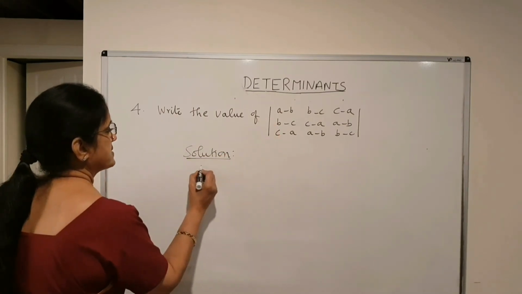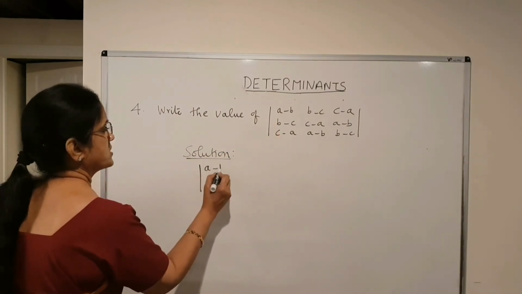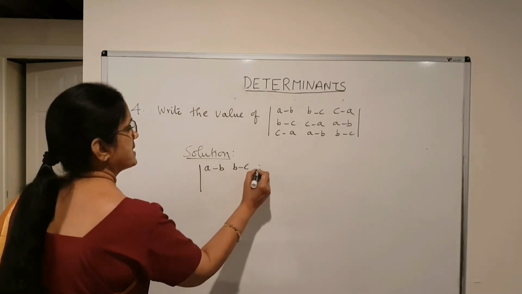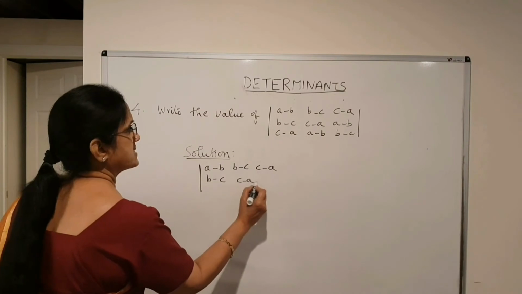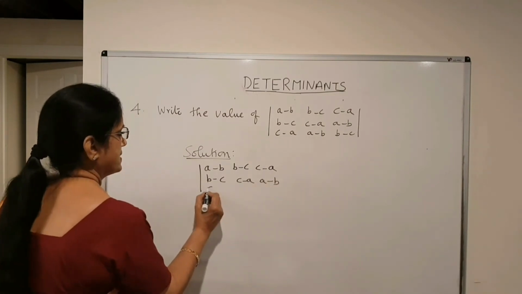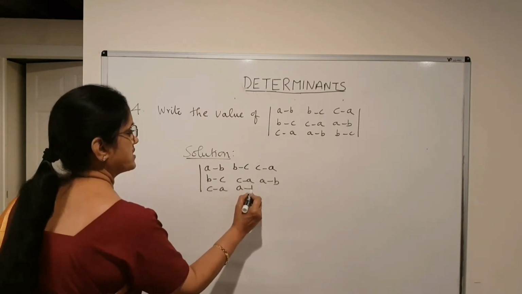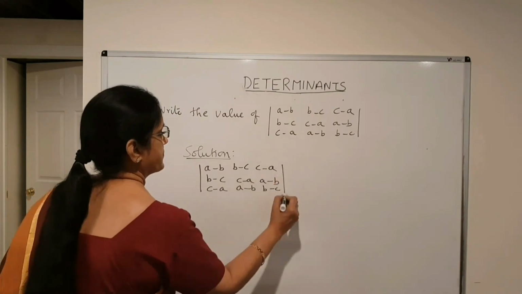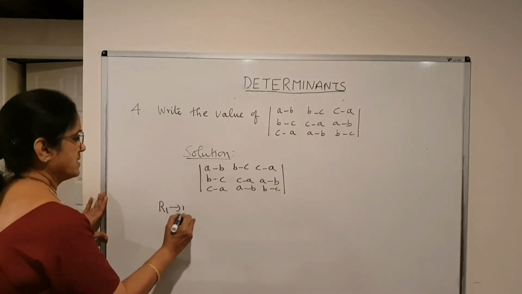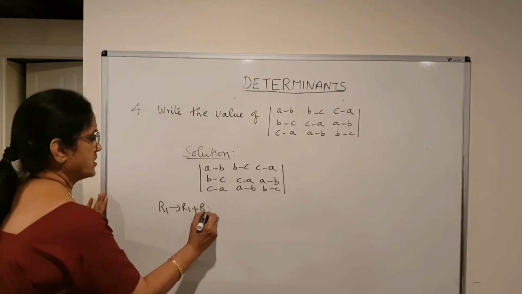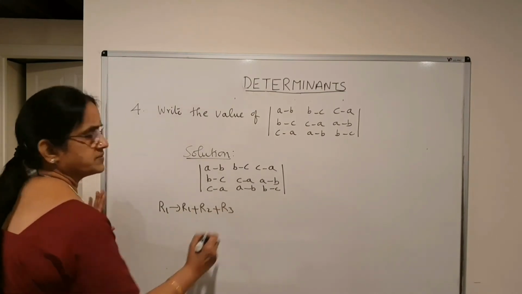I can write this determinant as A minus B, B minus C, C minus A, B minus C, C minus A, A minus B, C minus A, A minus B, B minus C. So what I am going to do here is, I am going to write R1 as R1 plus R2 plus R3.